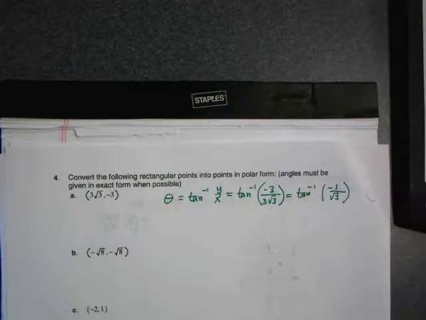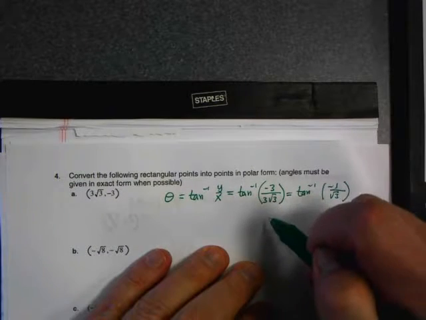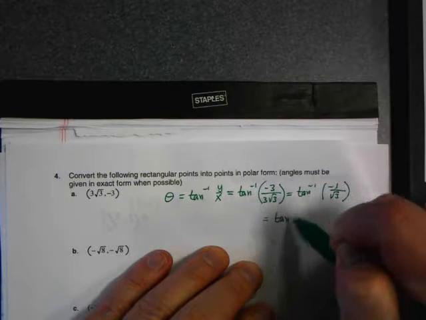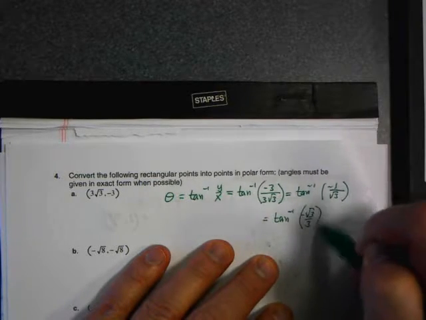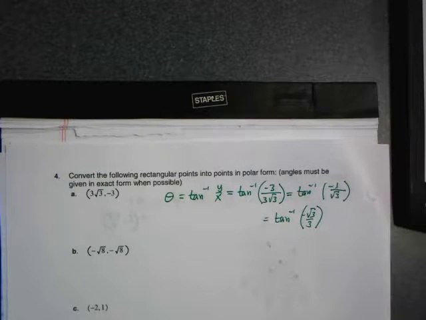Is that one of our famous ones? Yes, although it's not written the way we usually write it. This is usually written as tangent inverse of negative square root of 3 over 3. Multiply top and bottom by square root of 3, rationalize. So it is a famous one.